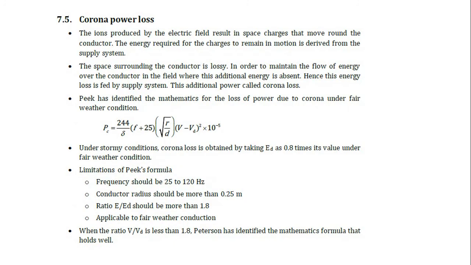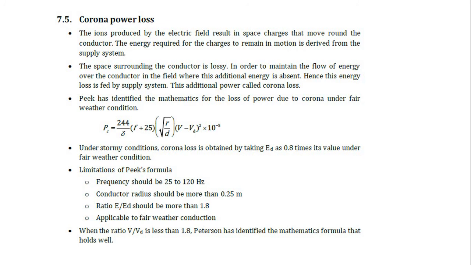Now the next topic is corona power loss. The corona causes power loss in the form of heat, light, sound and chemical reaction. When the surface potential difference at the line conductor exceeds the critical breakdown stress, corona appears and energy is dissipated in the form of light and heat.